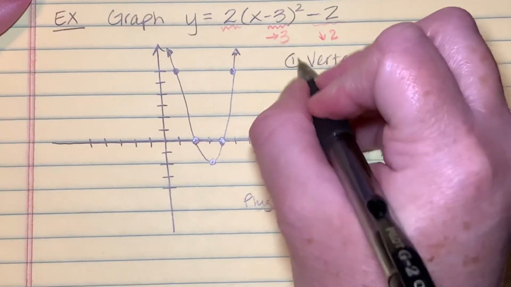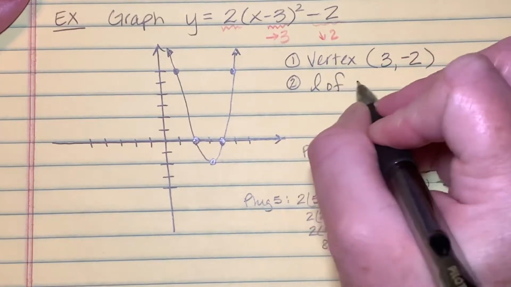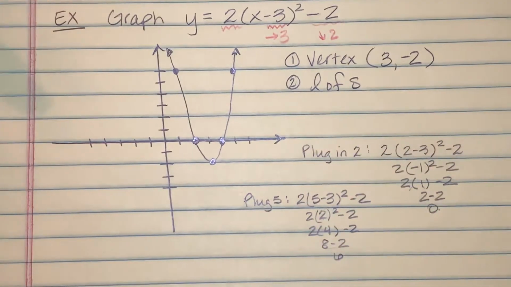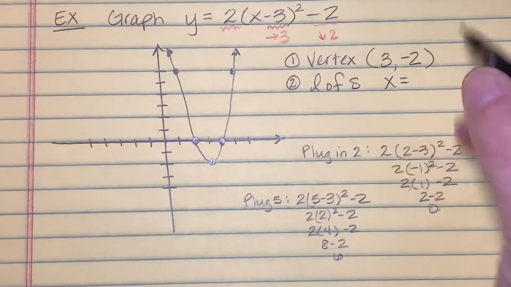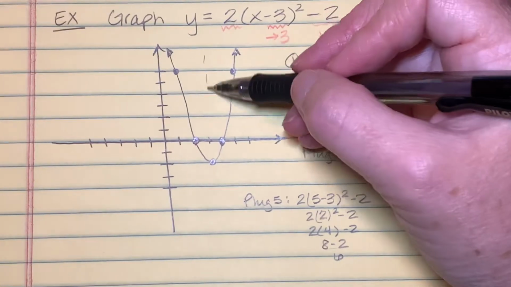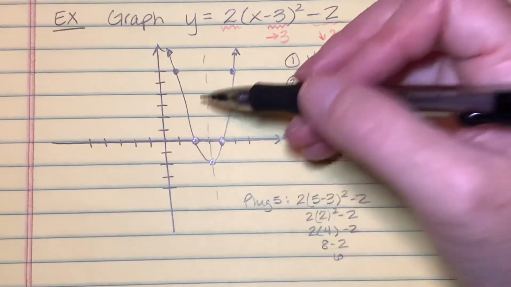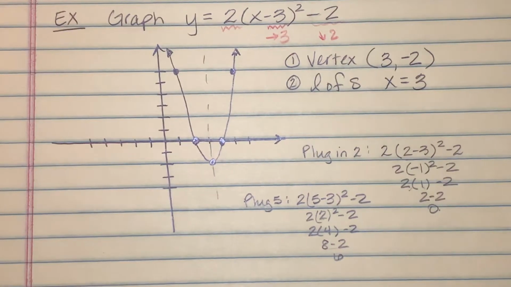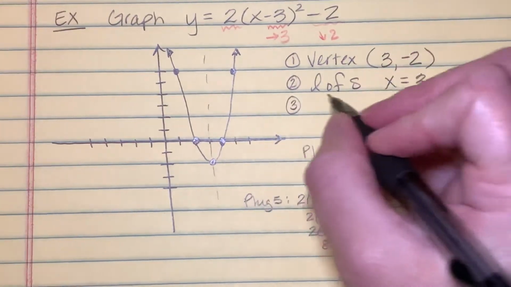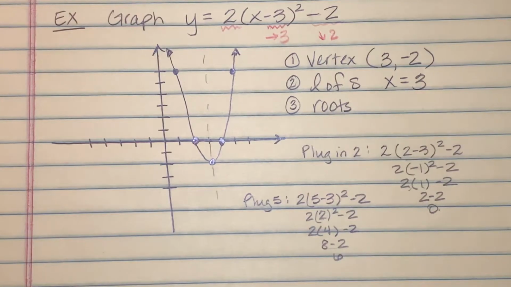What are the things that we want to know? Well, 1, vertex. 2, line of symmetry, and it might just say LOS or whatever. We're going to say line of symmetry is at 3, through that vertex. That's where I would fold it over. So we're going to say x equals 3. And my solutions, my roots, let's call them roots for this example. My roots are where it crosses the x-axis.